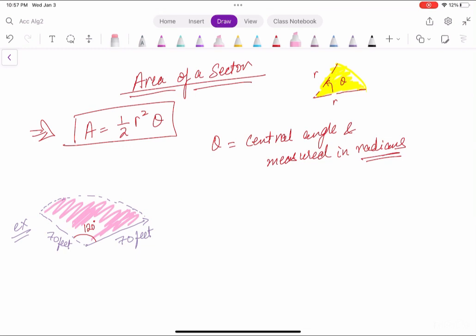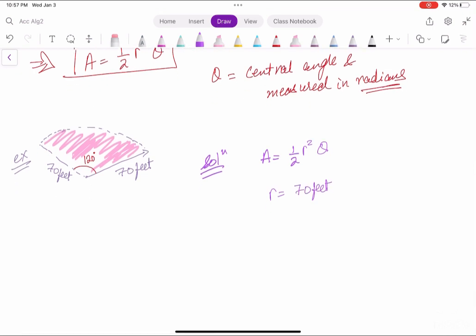I know from the formula that the area of the sector is 1/2 r squared times theta. R in this case is 70 feet. But I cannot take theta as 120 degrees. I need to convert 120 degrees in terms of radians.